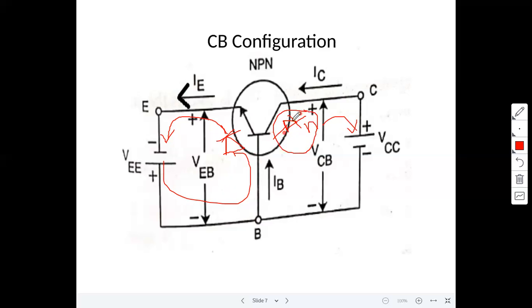So the collector base junction is reverse biased. Why is the emitter base junction forward biased? Because the n side is connected to the negative terminal, and the p side is connected to 0 or some positive voltage. So the emitter base junction is in forward bias, the collector base junction is in reverse bias, and the transistor is in the active region.